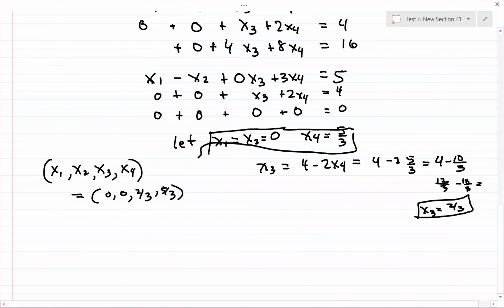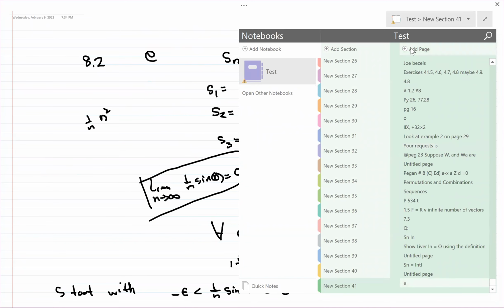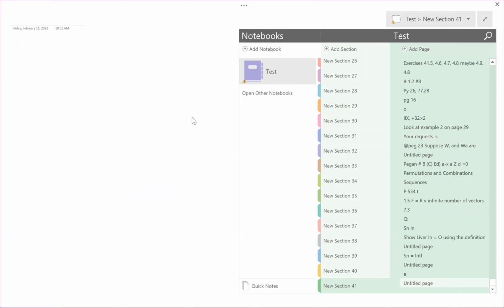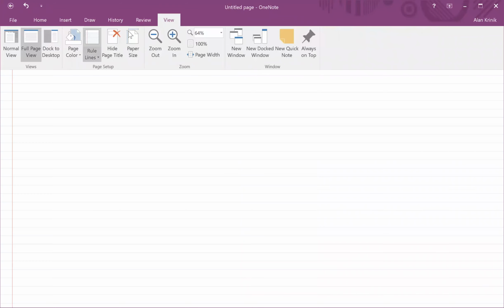I think I'll just start fresh instead of punting around. So let me just go down to the, okay, that looks like it's working.